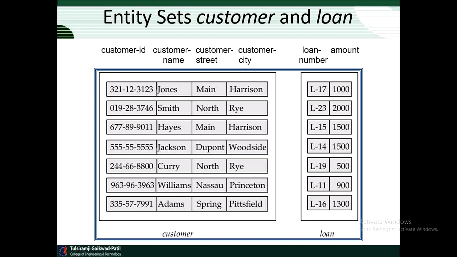So the customer entity has customer ID as one attribute, customer name as the second attribute, customer street as the third attribute, and customer city as the fourth attribute. Accordingly, the loan entity has loan number and amount. So these two attributes belong to the entity loan. So this is the structure of entities, and combined it is the entity set, and they must have relations among themselves also.